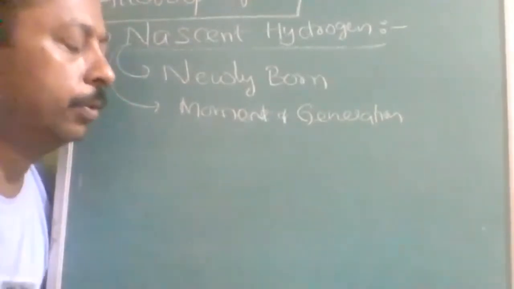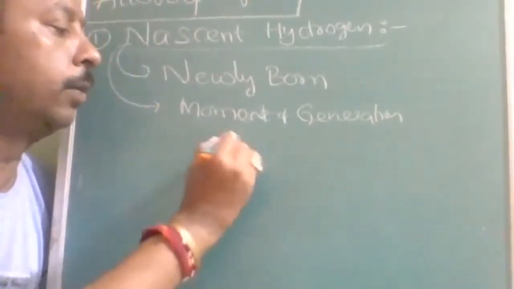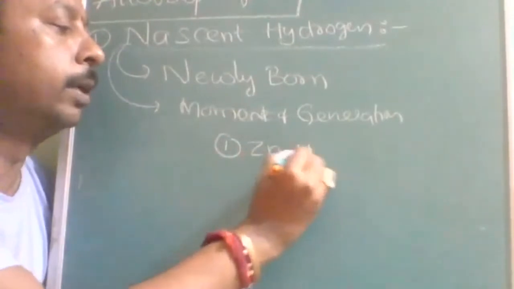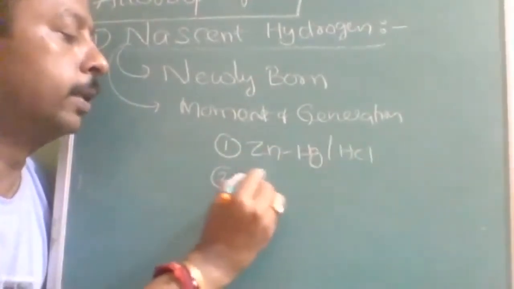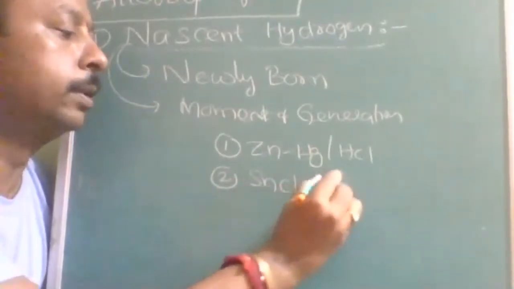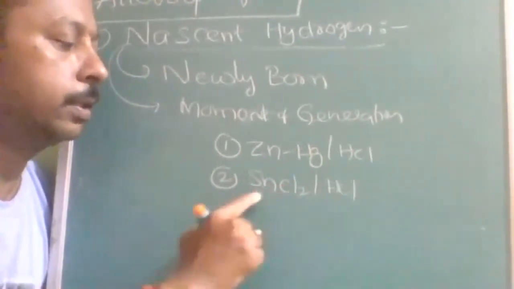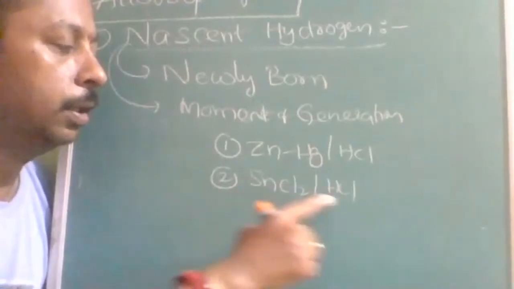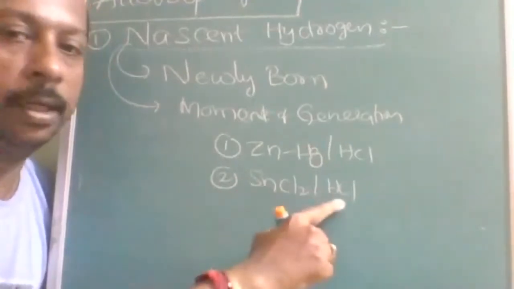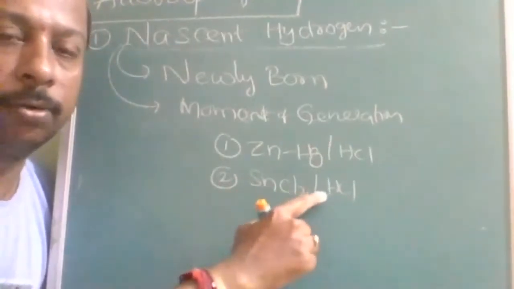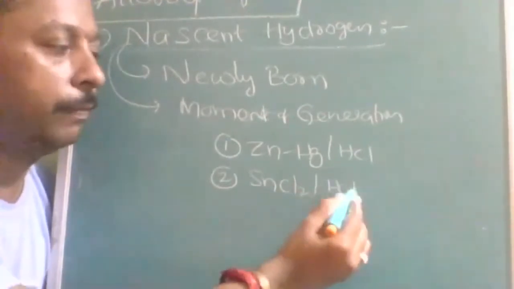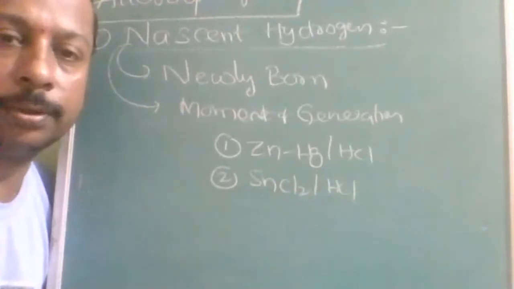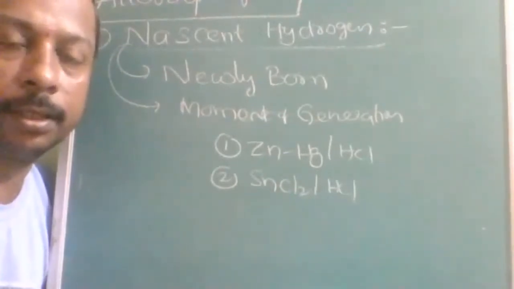Many places you will find on arrows amalgamated zinc oblique HCl, and the same way SnCl2 oblique HCl. That means tin reacts with HCl to form SnCl4, and these 2 moles of hydrogen will be utilized in the reaction itself.